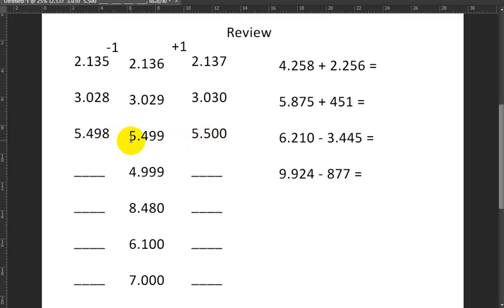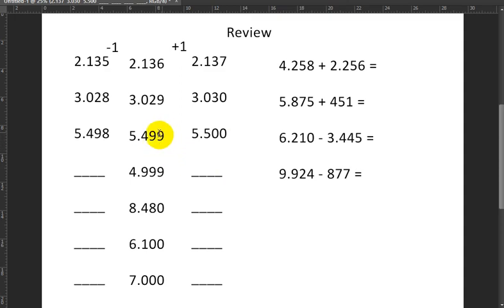So the next number after 5,499 is 5,500. Just like after 499, we get 500. So too, after 5,499, we get 5,500. I want you to look closely at what happened here. It was almost as if it was a domino.